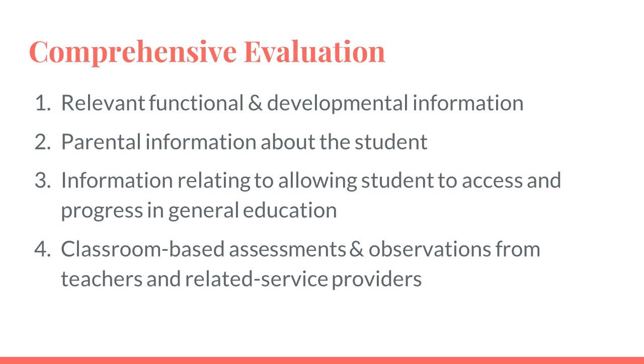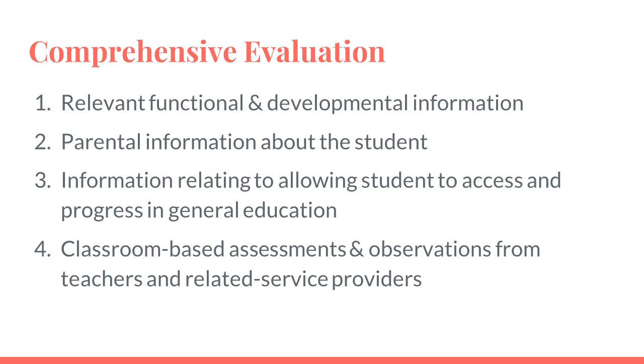Number 2, we need that parental information about the student, so you need input from the parent. You're going to address that in that box, but also gather some more information from the parent, what things look like at home. If we're looking at behavior, they're going to fill out those behavior rating scales, so that's going to give their input. Any way you can make them feel a part of the process as well.